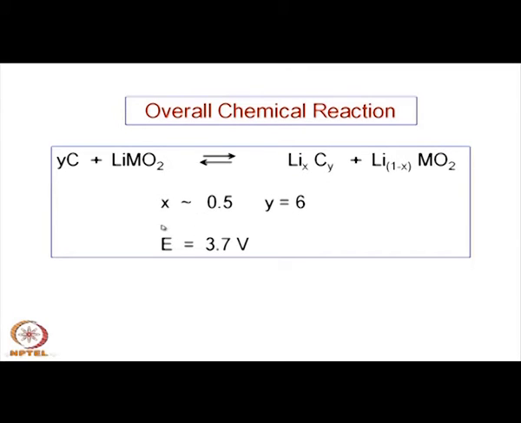For this, the value of x is about 0.5 and y is 6. Y means the ratio of lithium to carbon atoms is about 1:6, whereas the amount of lithium which can go into the oxide structure is about 0.5 atoms per 1 mole of oxide, and the voltage is about 3.7 volts, that is the normal voltage one gets.